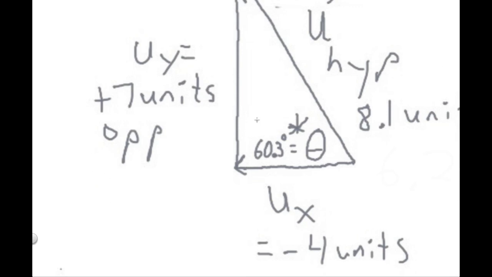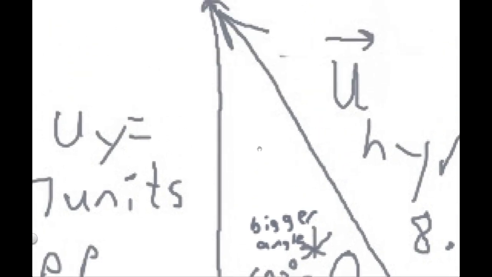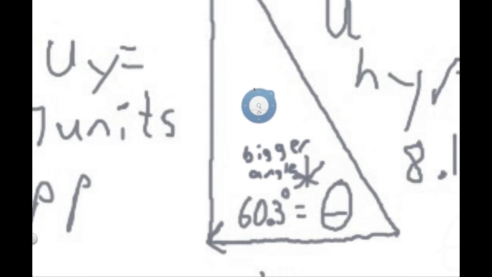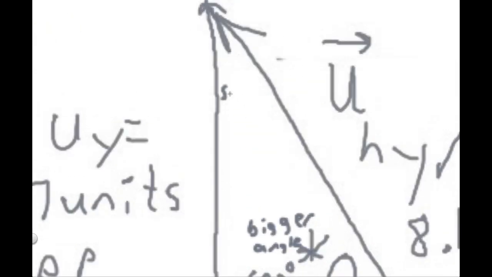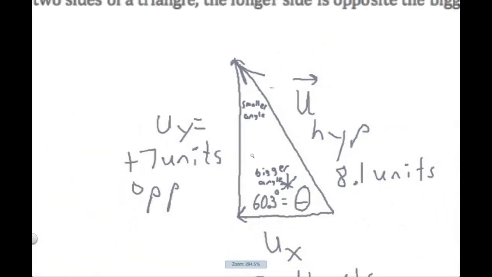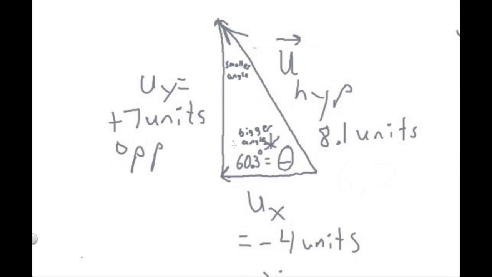Since we know they add up to 90, it should be obvious even without calculating the angle at the top that this angle at the bottom is the bigger angle, bigger than 45 degrees. And it should be obvious that this angle at the top is the smaller angle, smaller than 45 degrees.